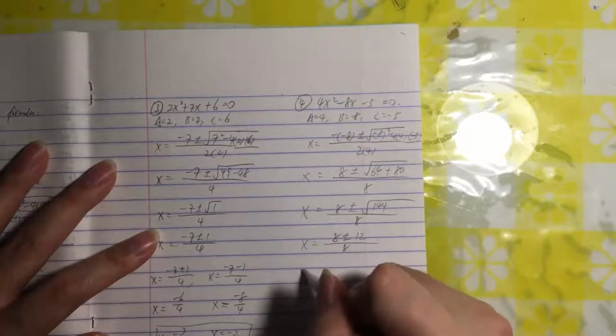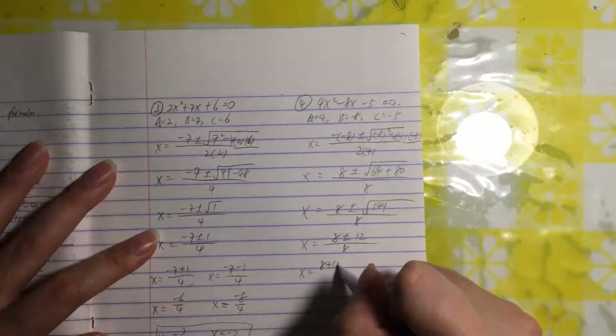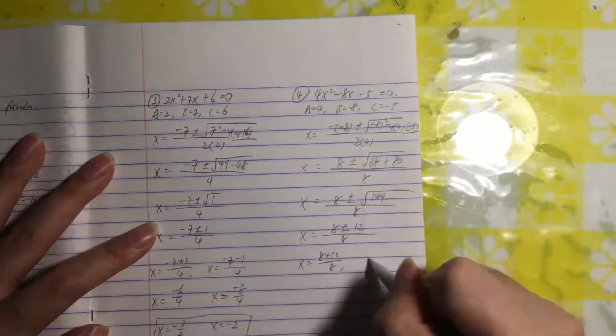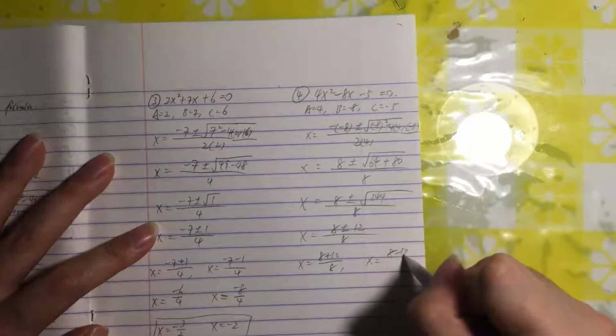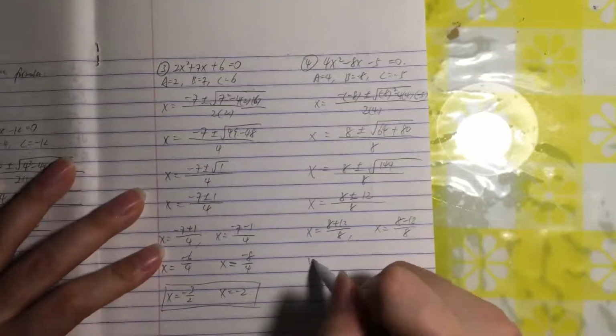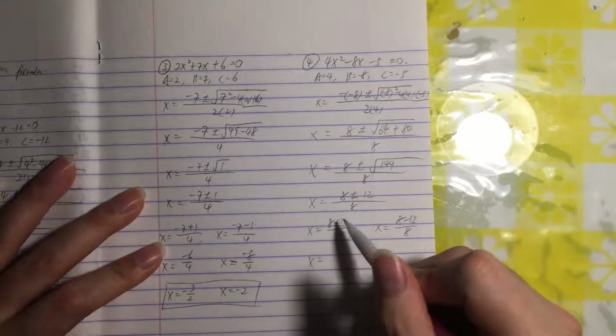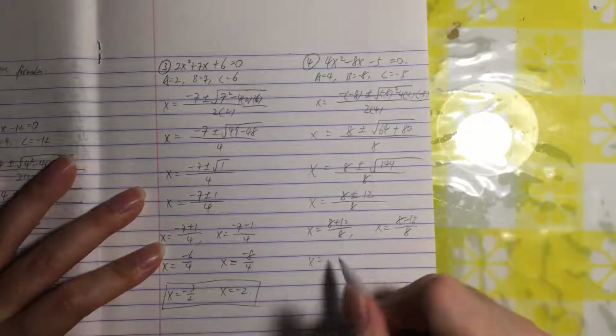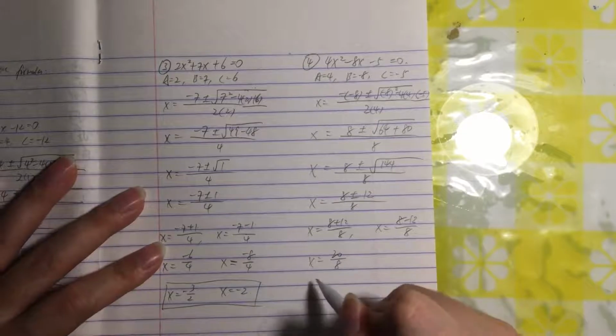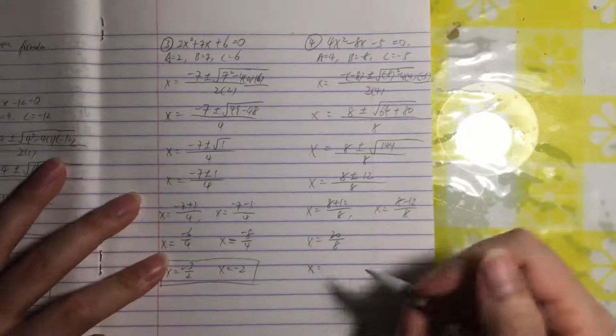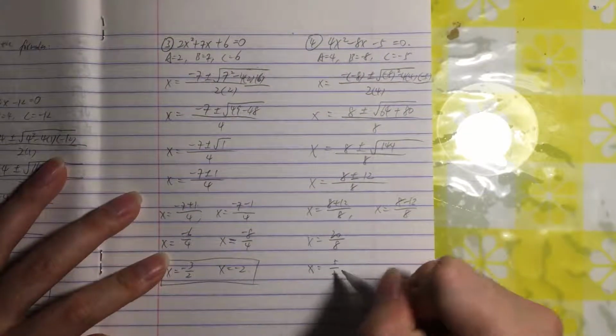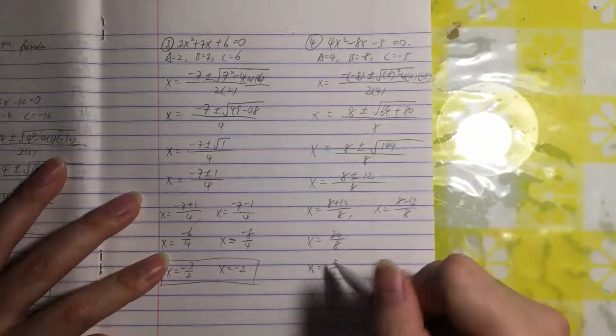So we get two solutions. x equal to 8 plus 12 over 8, or x equal to 8 minus 12 over 8. For the first solution here, 8 plus 12 is 20. I get 20 over 8. 20 over 8 can be reduced as 5 over 2. I can divide top and bottom by 4. I get 5 over 2.